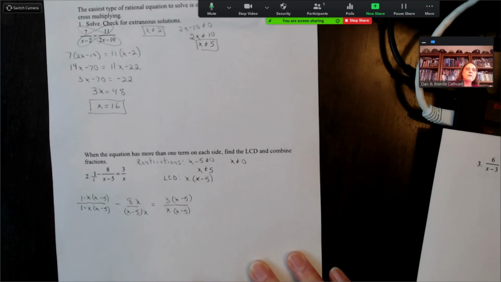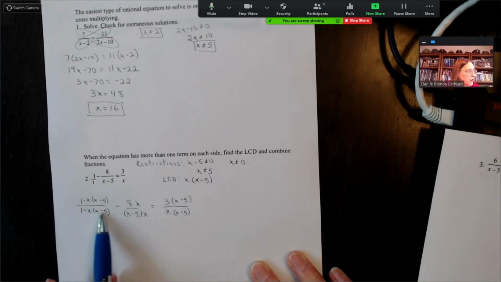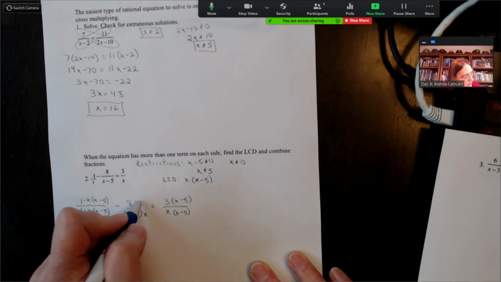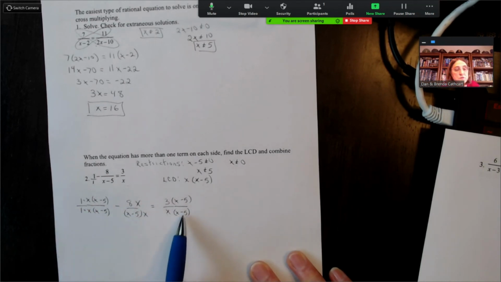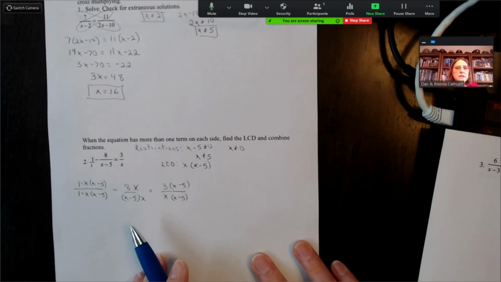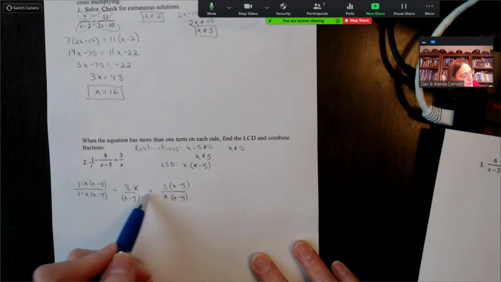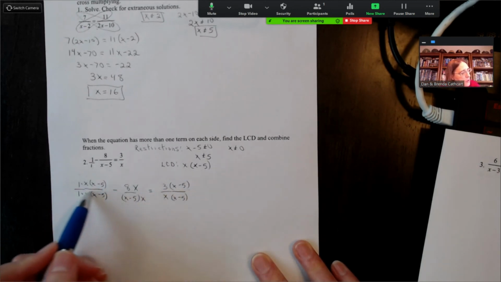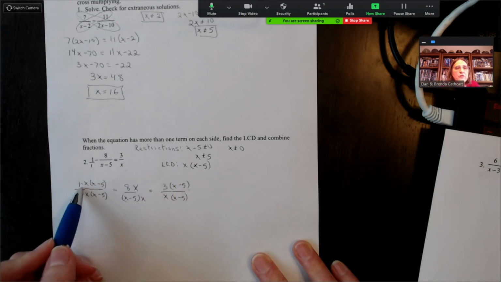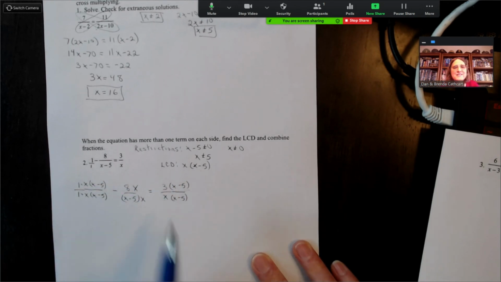Now, once I have fractions with a common denominator, here's the best part of it. When I add fractions with a common denominator, the only thing that I add together is the numerator. And so the equation that we're going to be looking at is only the numerator has to add up.